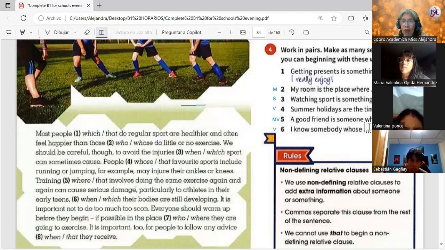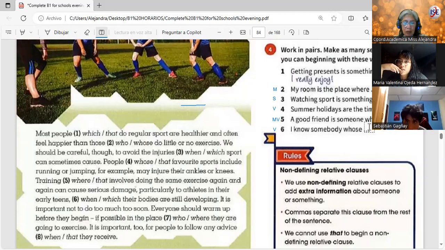Maria Valentina, my room is the place where? I spend a lot of time. Okay, nice. Sebastian, watching sport is something that? I can't hear you. If you say something, I couldn't hear you. That I prefer instead of doing homework. Okay, it can be.